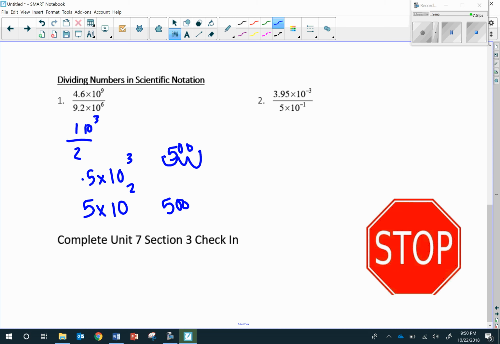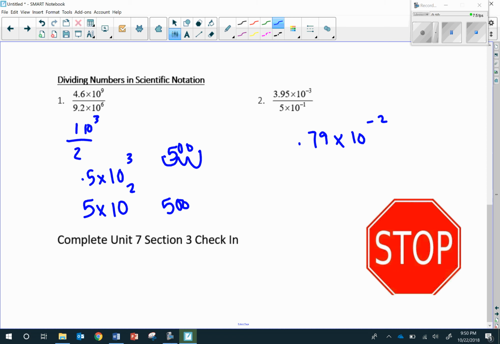All right, number 2, if you divide 3.95 divided by 5, you will get an answer of 0.79. And when you subtract your exponents, -3 minus a -1, that leaves us with a -2 as our exponent. Again, we need a number between 1 and 10.